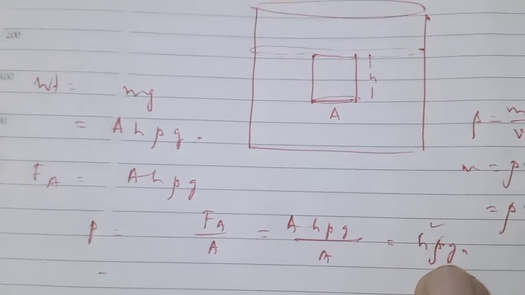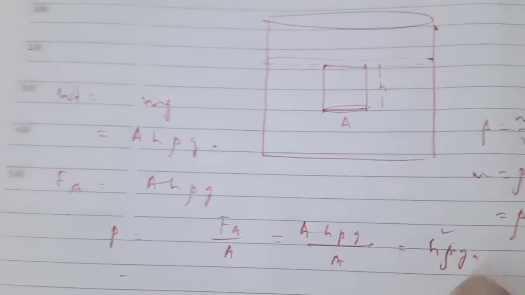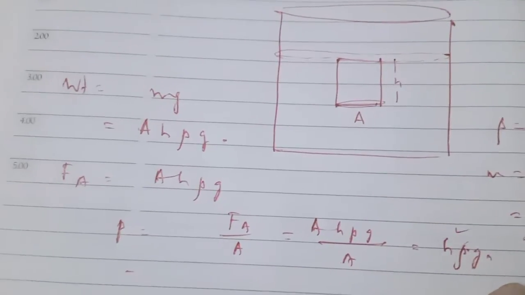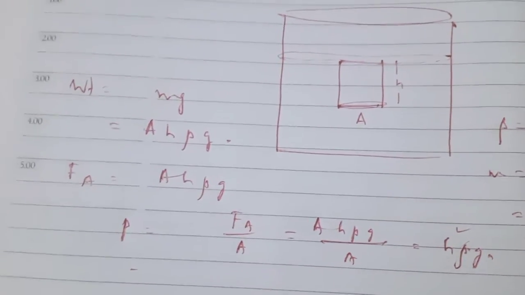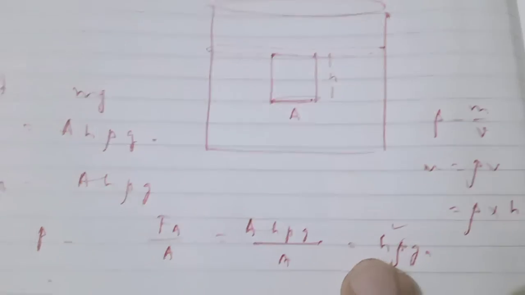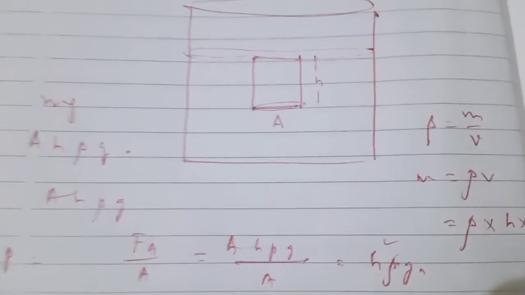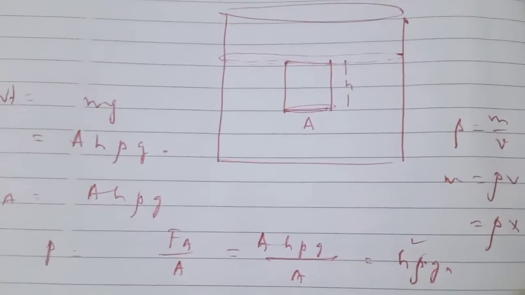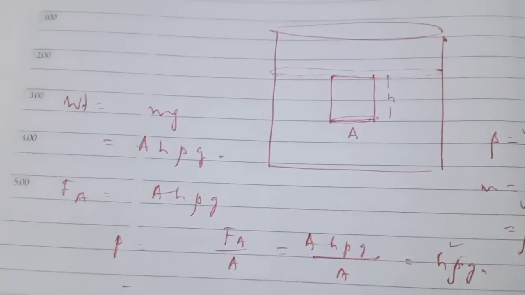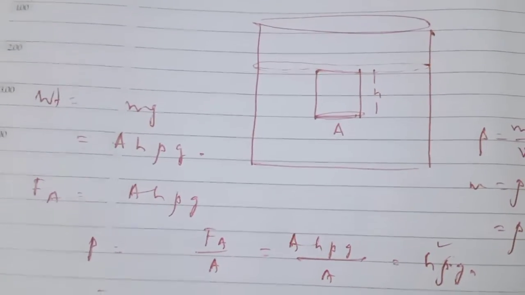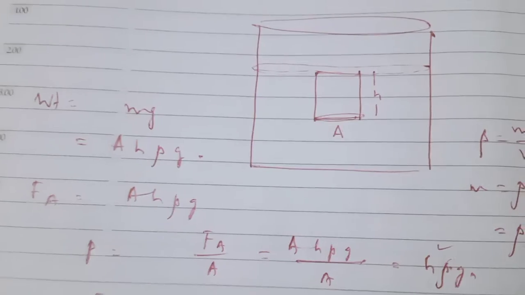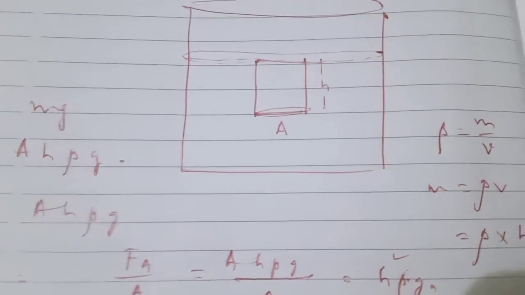And if the surface of the liquid is exposed to air, then atmospheric pressure is also added. Then total pressure is the atmospheric pressure plus this pressure. Now the atmospheric pressure is 76 centimeter of mercury, which in CGS system is equal to a pressure of 1.013 into 10 to the power 6 dyne per centimeter square.